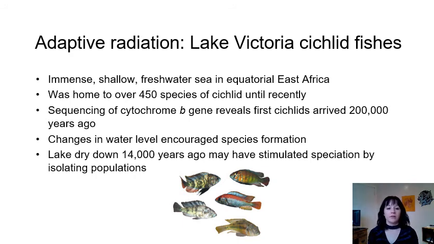Now, it's thought that the lake dried up a bit, and so the water levels dropped. And you can imagine that one big lake could be now split into multiple smaller lakes as the water evaporated. And now this one species has a bunch of subpopulations that have become geographically isolated.